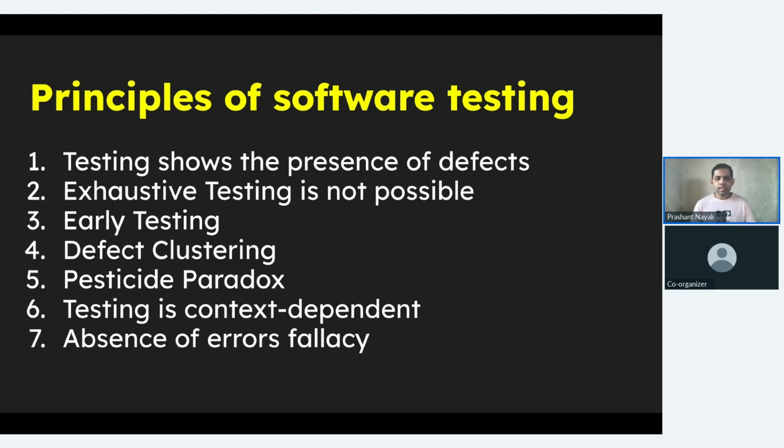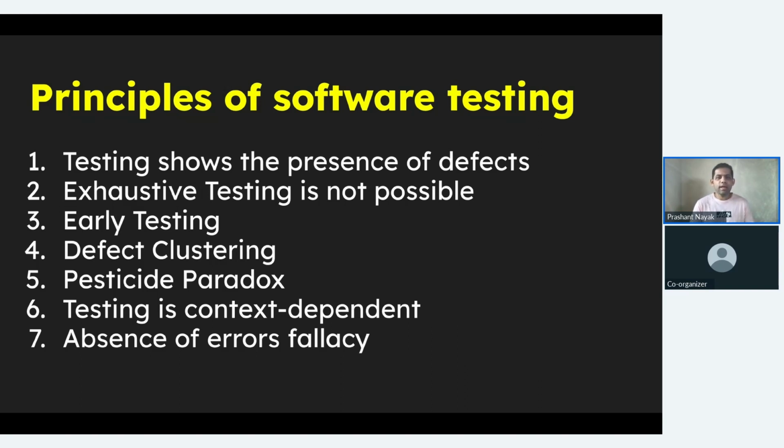Number two says that exhaustive testing is not possible. As I mentioned just now, we can't test each and everything. You can test all the functionalities. You can spend one month testing the application, but it's not possible to keep on testing to find defects. There will be a point where you will say, this is enough, enough of testing.